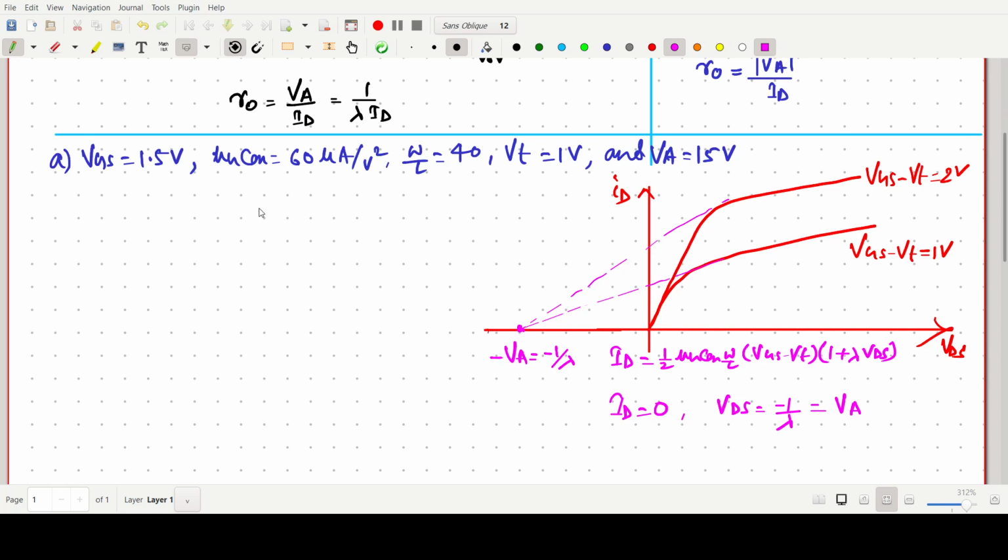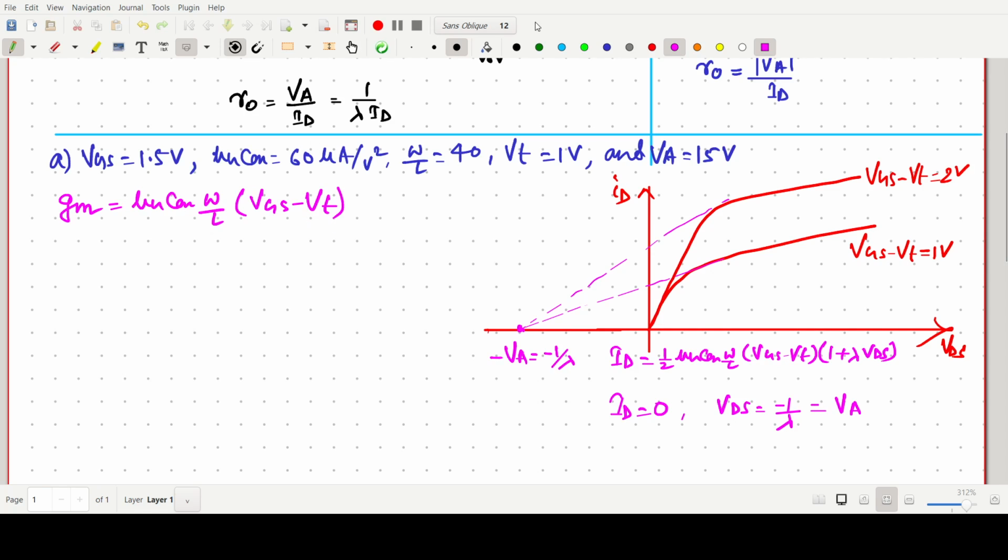Basically in this one, we can easily find the value of ID. Once ID is known to us, then we can find the r0 value or gm. Before that, for gm we can write μn Cox W by L (VGS minus VT).